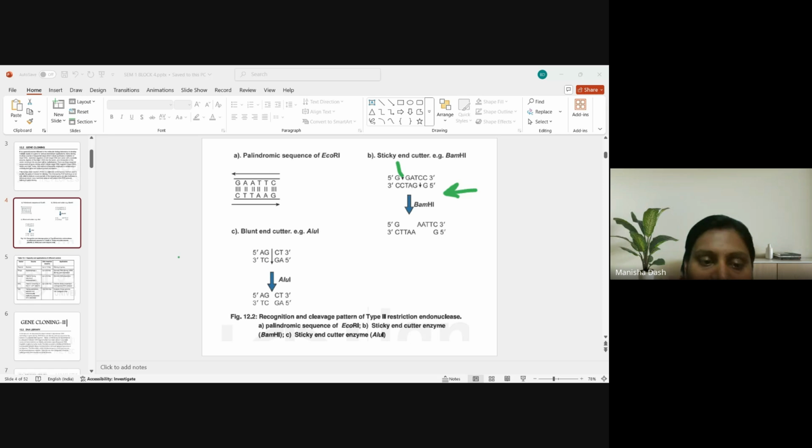So this 3 prime CTTAA from the vector will come and complementarily bind to this. Similarly, this G part from the vector will come and bind here, so that the restriction site can be completed. In the vector segment also, one fragment will have this DNA and the other fragment will have this DNA, so they will bind complementarily to each other. See, look here.